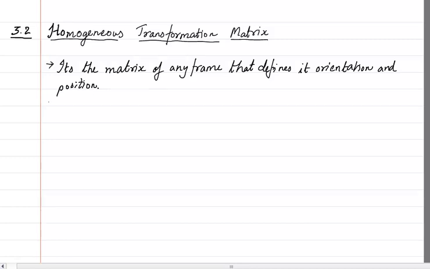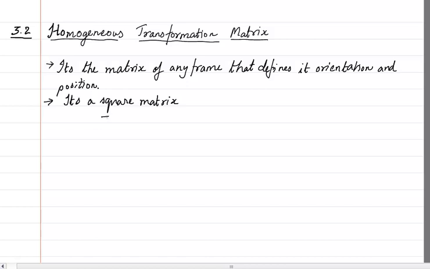The second point is that it's a square matrix. Now, why is it a square matrix? The reason is very simple, because we have two kinds of matrix operation going on here. First is that we have to take the inverse of this transformation matrix.